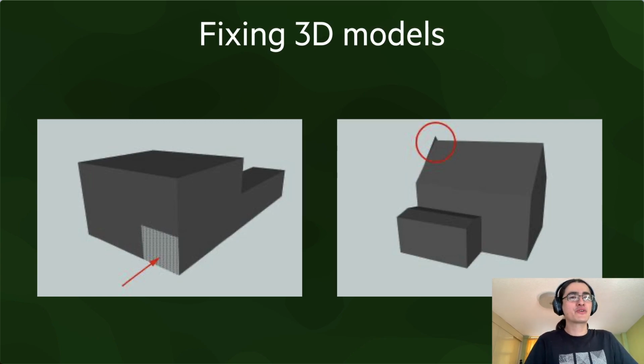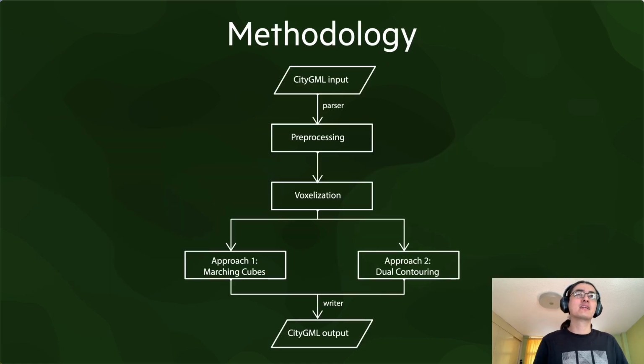If you look at 3D building models in practice, you have this sort of thing, like there are missing faces, like you see on the left, and there are small spikes that don't really match the rest of the model, like you can see on the right, and we want to fix this automatically without any human intervention. The methodology that Damien came up with was something like this.